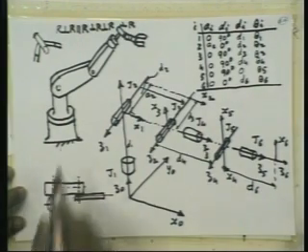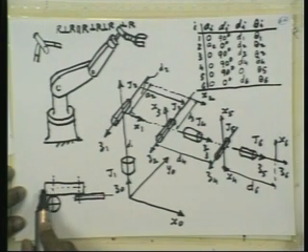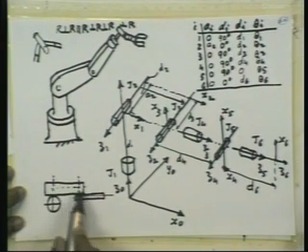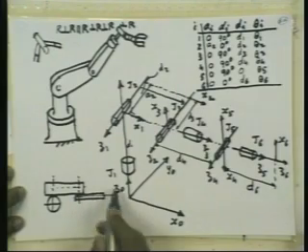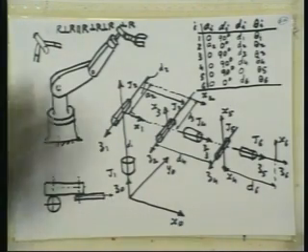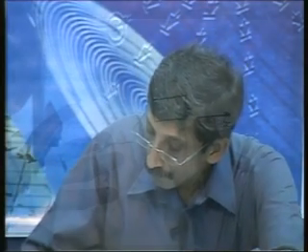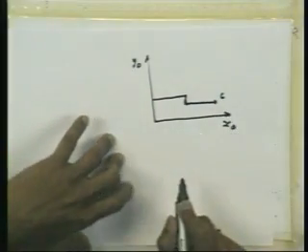There is a first post, this is the z0 axis, and then this link is offset like this, this link is offset like this. Finally, the point C is somewhere along this. So, if I draw it here, C is somewhere along this.